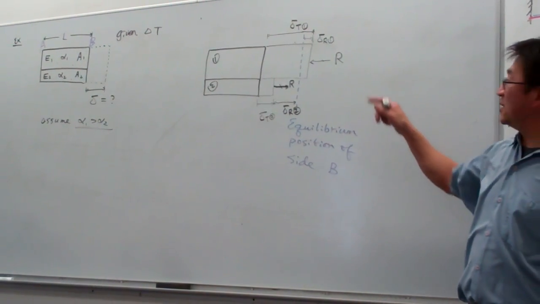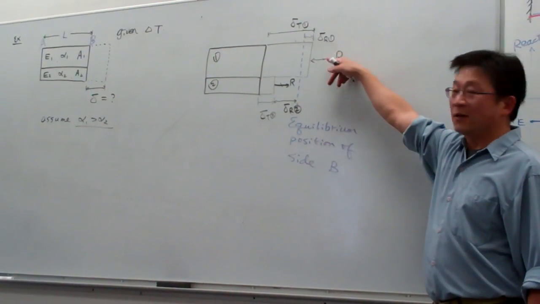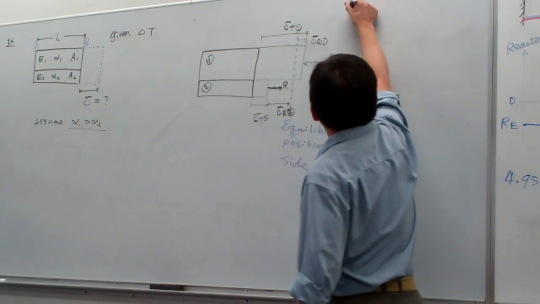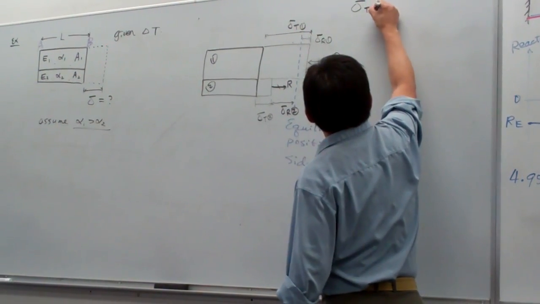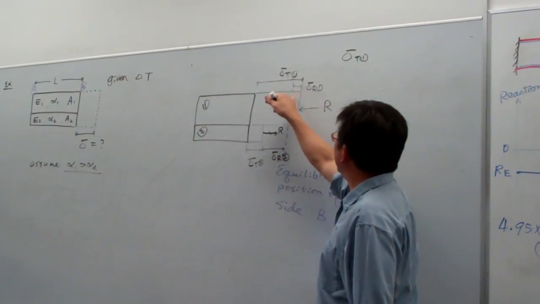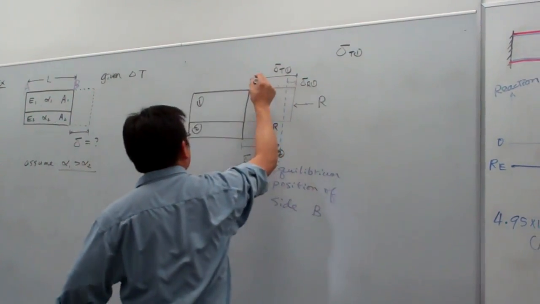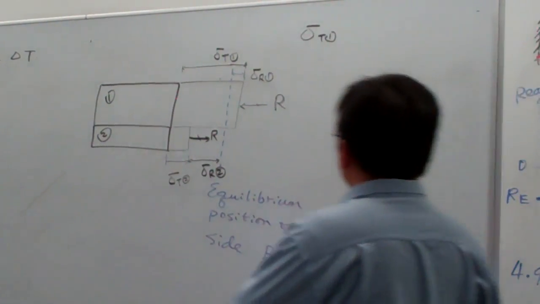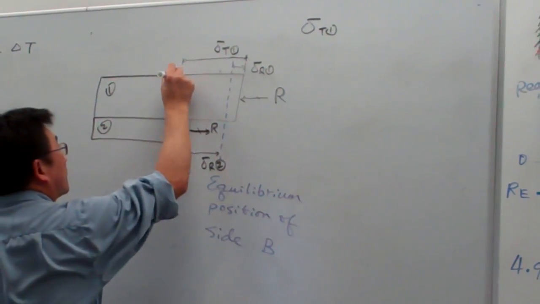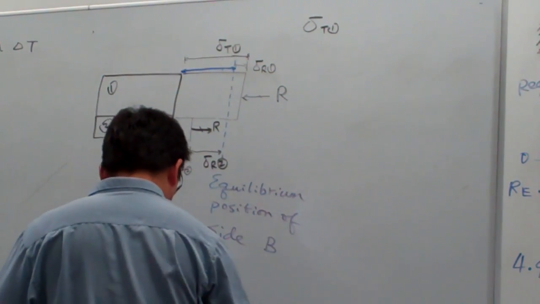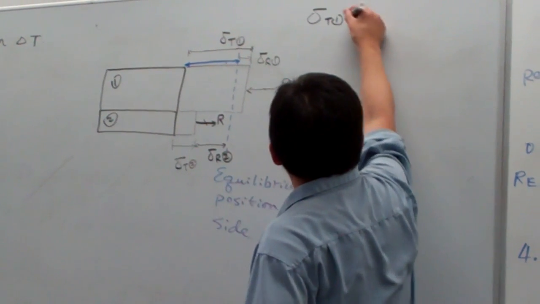Before we formulate each term in detail, it should look like this, right? Looking at the geometry, delta T1 minus this one. Let me look at the dimension here, from here to here. That amount on one side for material one is this.